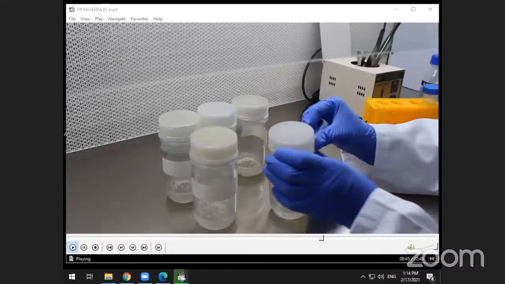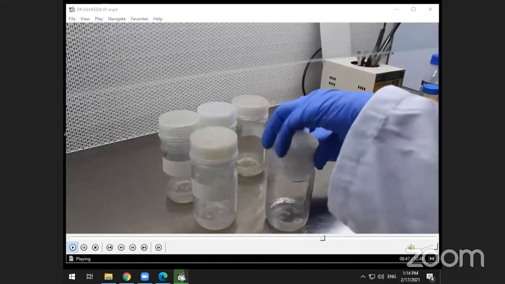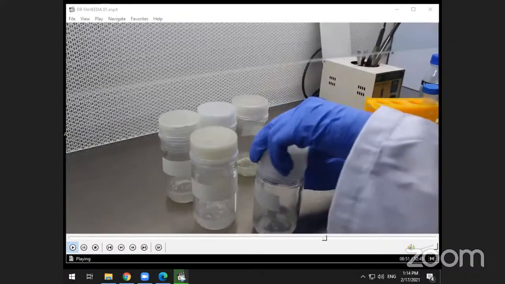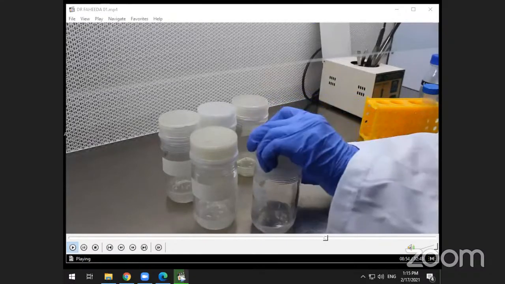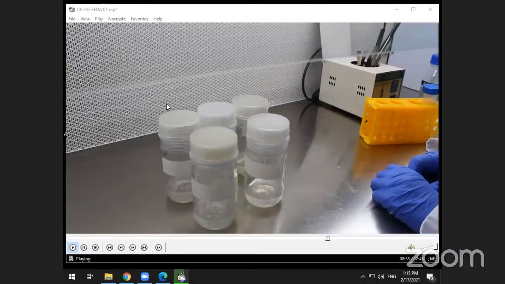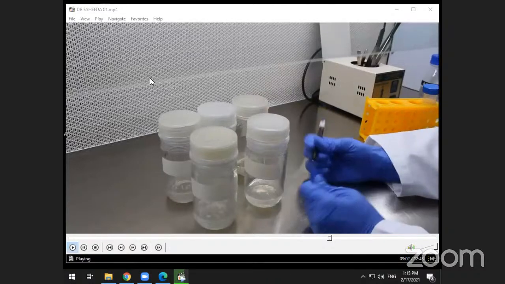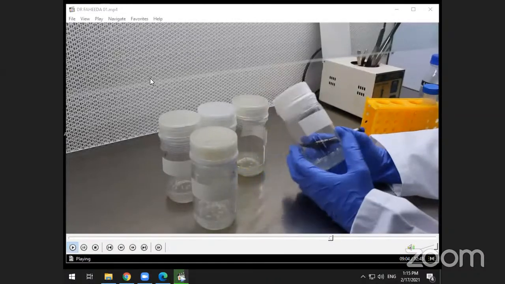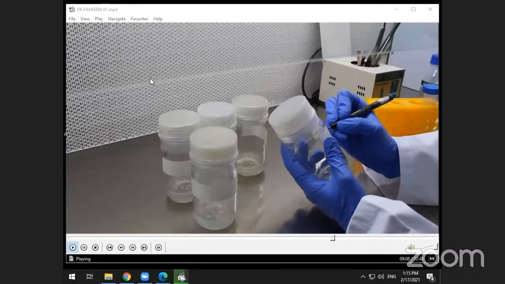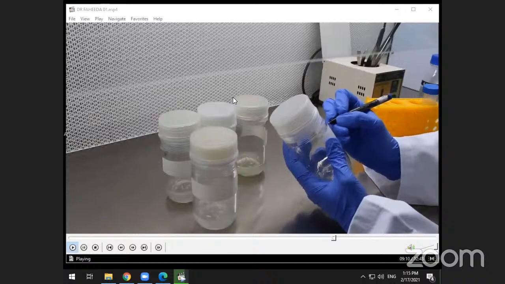Seal the jars with parafilm tightly to avoid any kind of contamination. Label the jars with the type of eggplant, type of media, and the date.